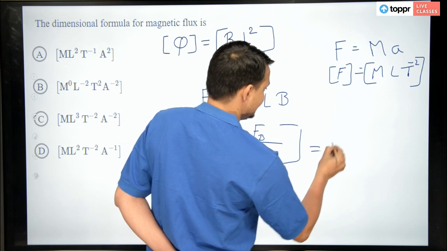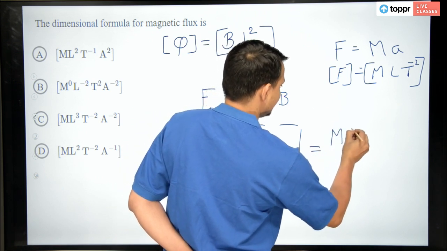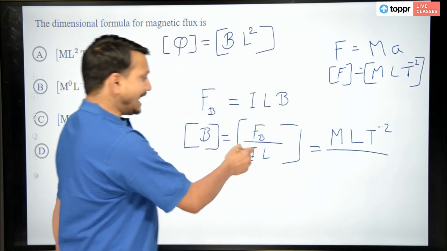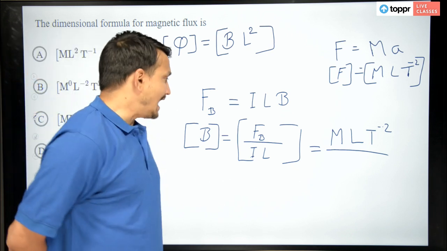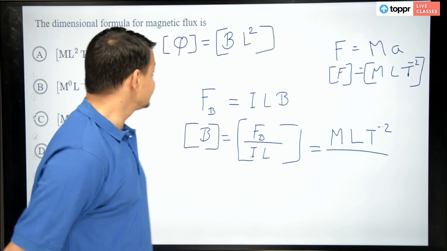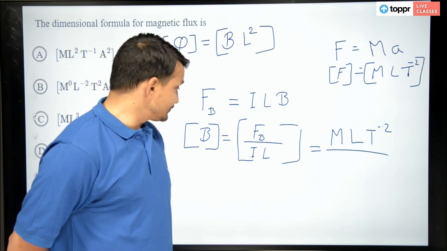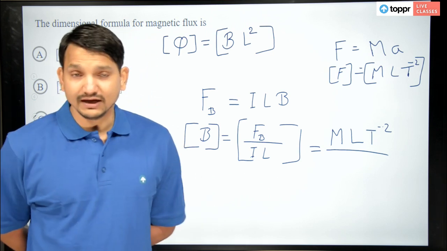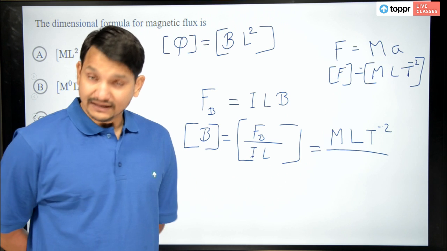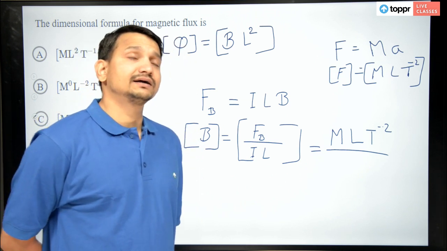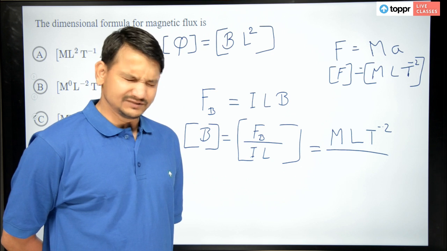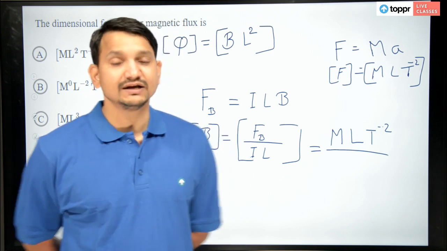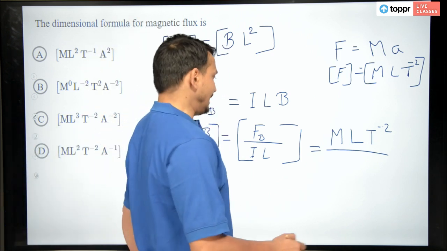We are getting M L T inverse square divided by I L. We know that I is considered a fundamental quantity, and its dimensional symbol is A, because of the symbol ampere.